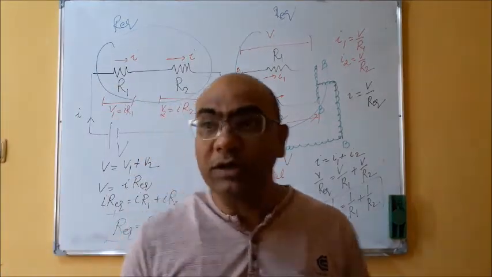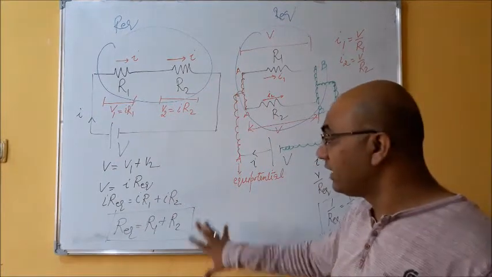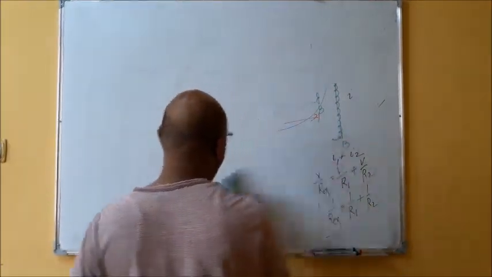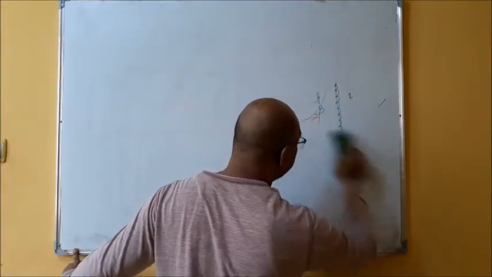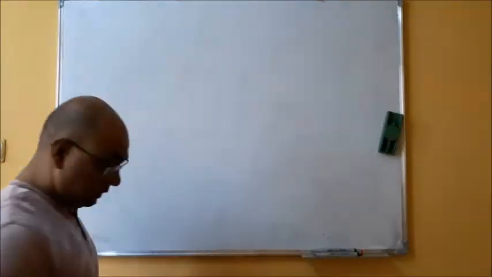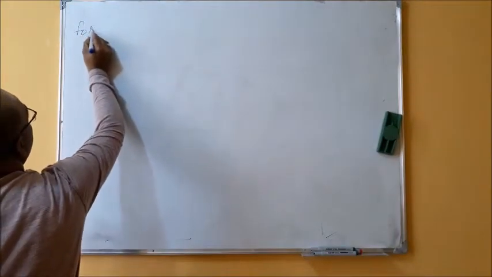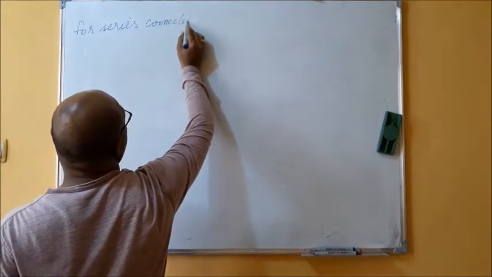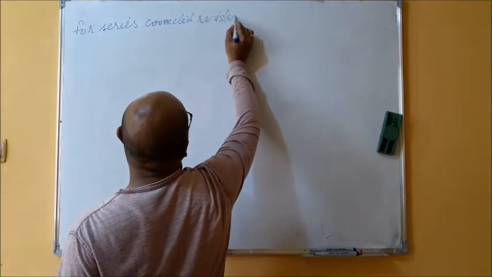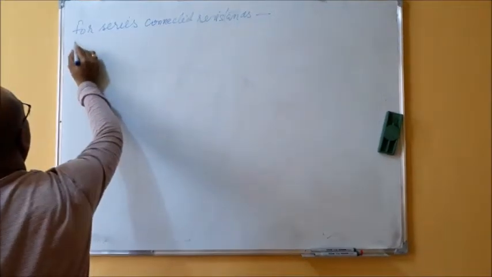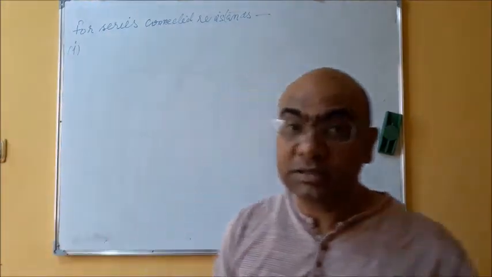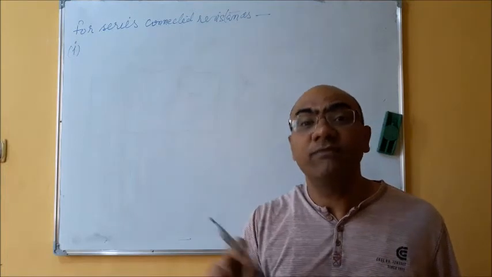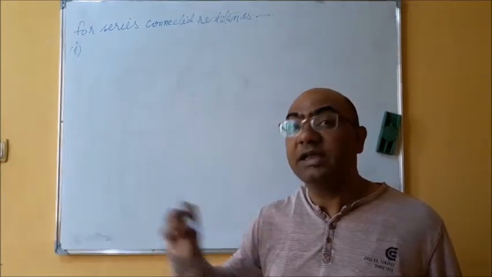The important thing, to conclude these derivations: for series connected resistances, as I have seen through this figure, all the resistances have the same value of current while potentials are dropped in each resistance.